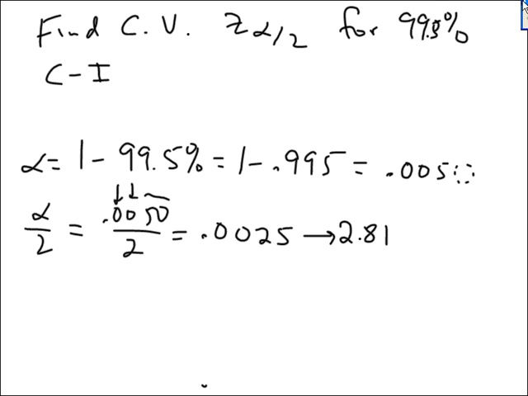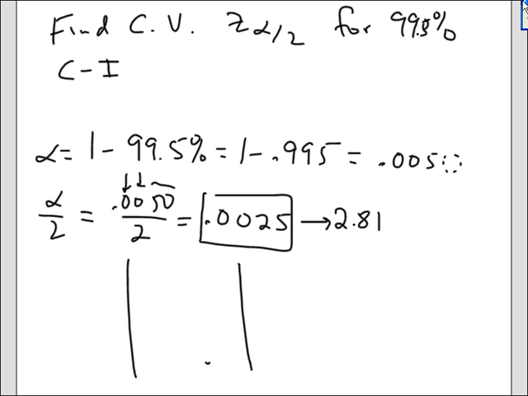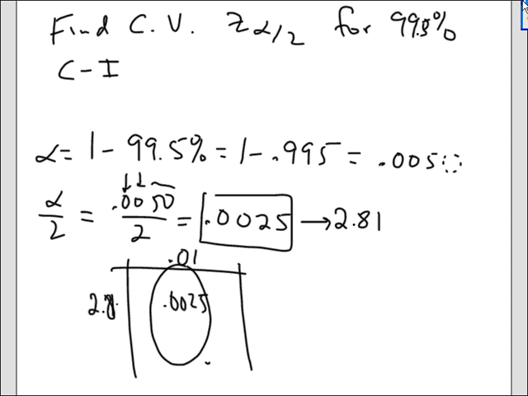If you look up this number inside the table, look up 0.0025, and to the left you'll see 2.8, and right above it 0.01. 2.81. So it's rather simple to find the critical values.